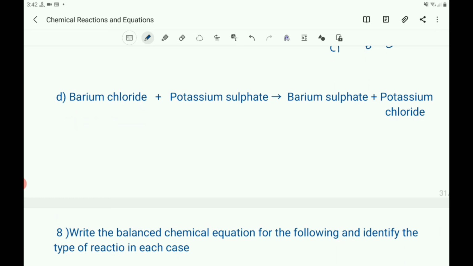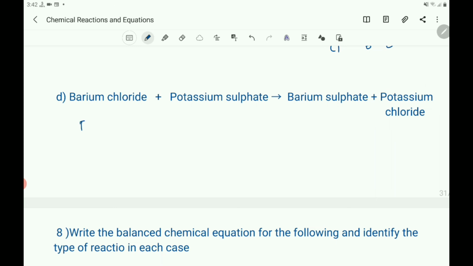Barium chloride plus potassium sulfate gives barium sulfate plus potassium chloride. Barium chloride reacts with potassium sulfate to give barium sulfate and potassium chloride. So what is the molecular formula of barium chloride? It is a compound.